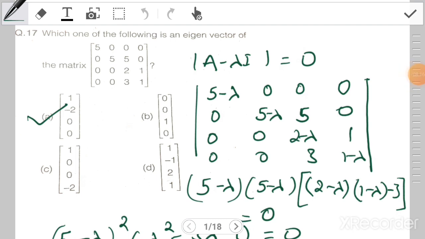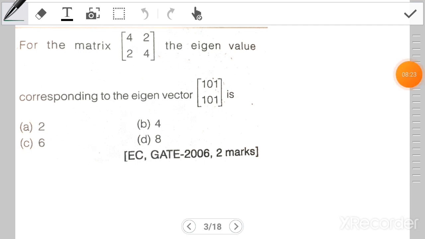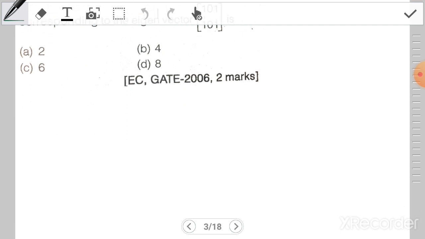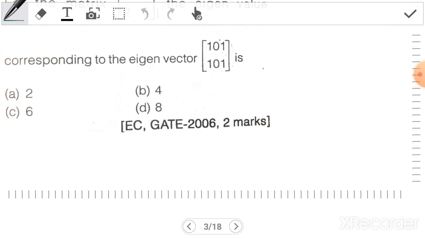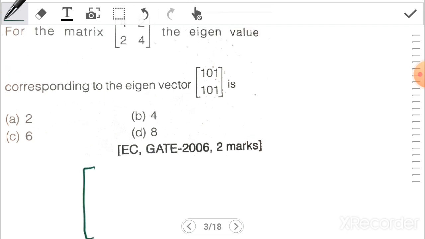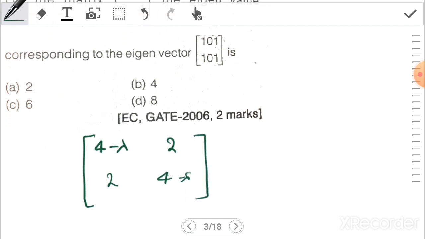Let's solve the next question. For the matrix, the eigenvalue corresponding to the eigenvector is... So we have 4 minus lambda, 2, 4 minus lambda, and x1 and x2 are given, 101, 101 is equal to 0.